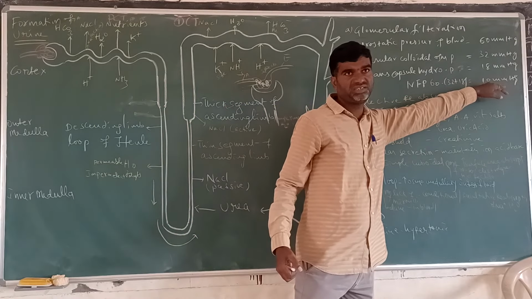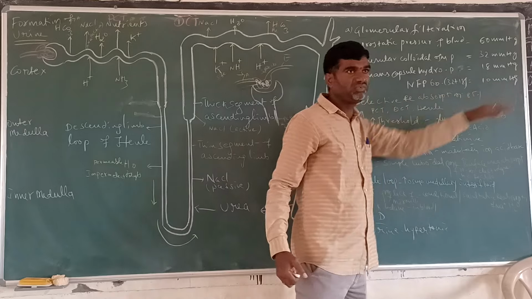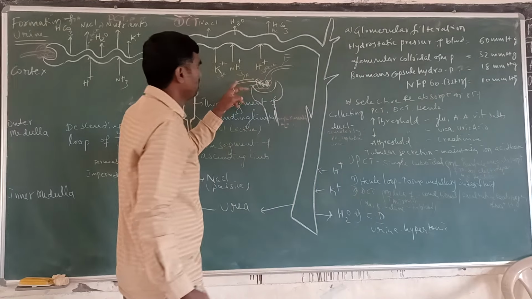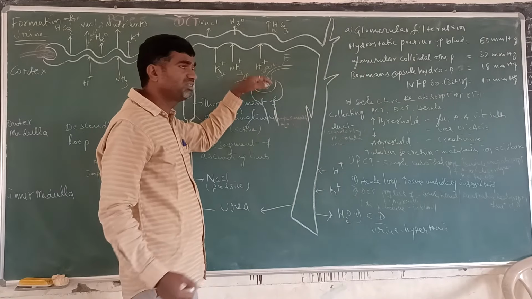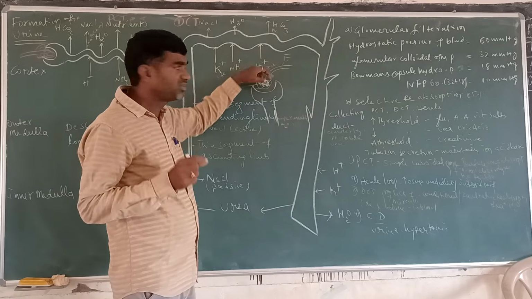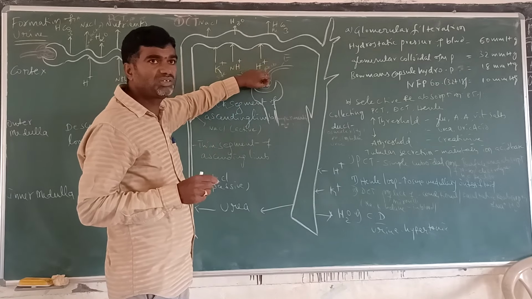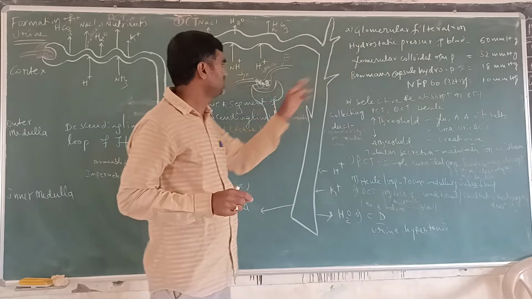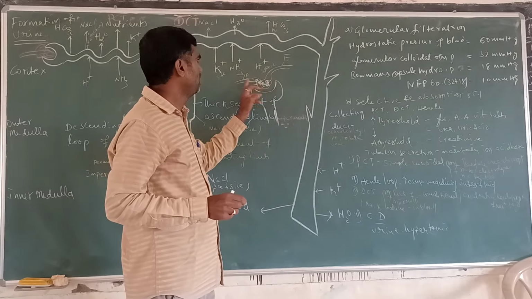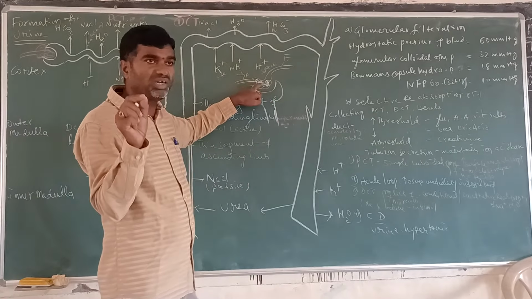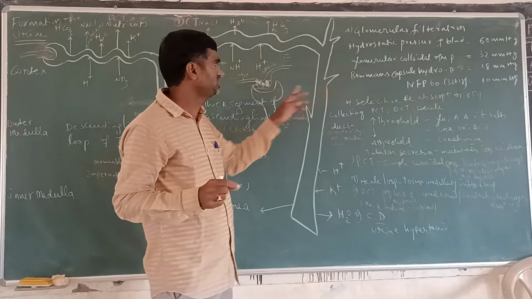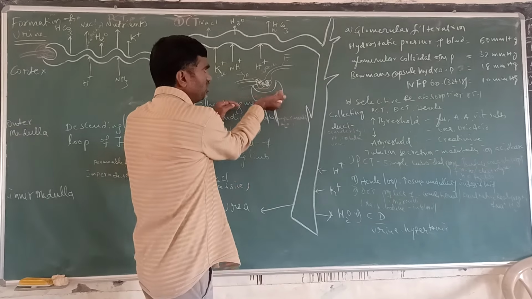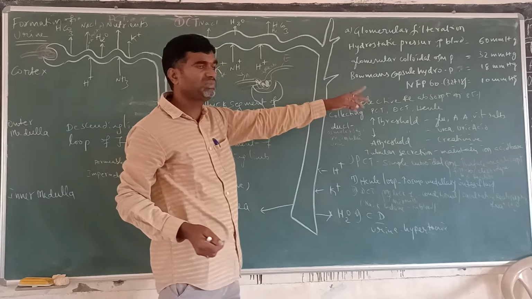How are we calculating it? Number one is the glomerular hydrostatic pressure, 60 mm Hg. The glomerular colloidal osmotic pressure is 32 mm Hg and the Bowman's capsule hydrostatic pressure is 18 mm Hg.